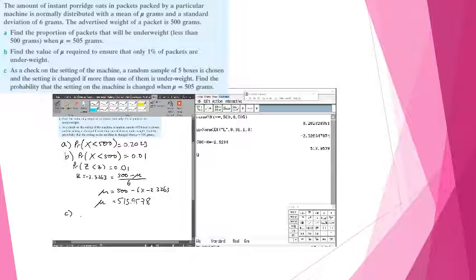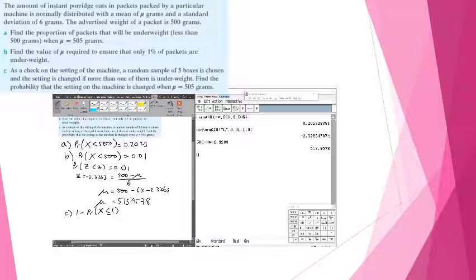Because we want more than one of them being underweight, that's the same as 1 minus the probability of less than 2 of them being underweight. So we want 1 or less, in other words.